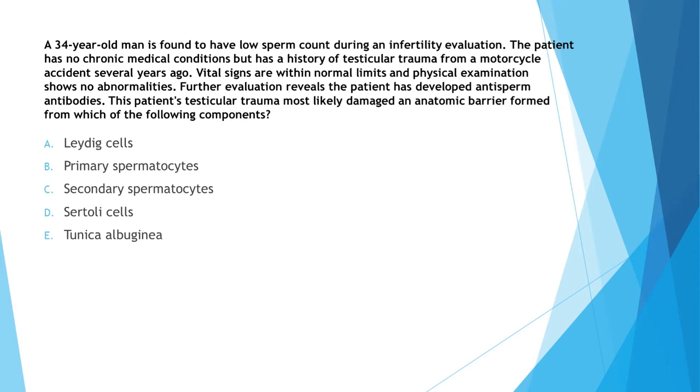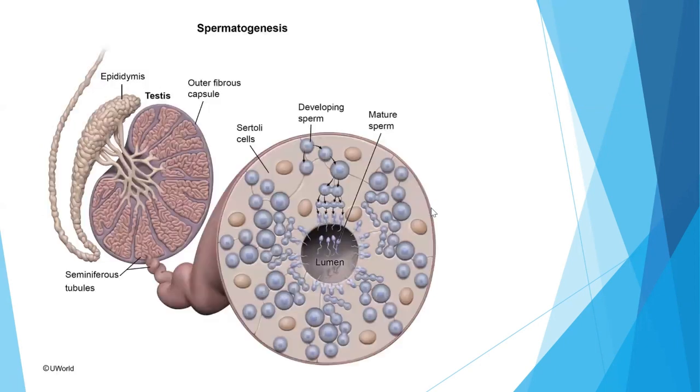Vital signs are within normal limits and physical examination shows no abnormalities. Further evaluation reveals the patient has developed anti-sperm antibodies, and this patient's testicular trauma most likely damaged an anatomic barrier from which of the following components: Leydig cells, primary spermatocytes, secondary spermatocytes, Sertoli cells, or tunica albuginea.